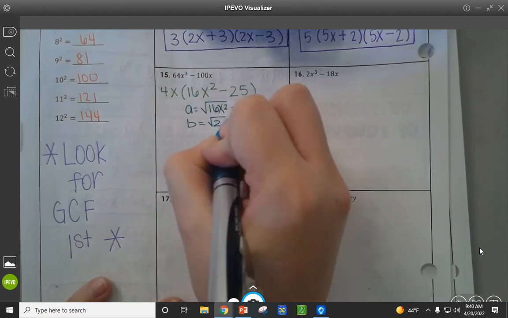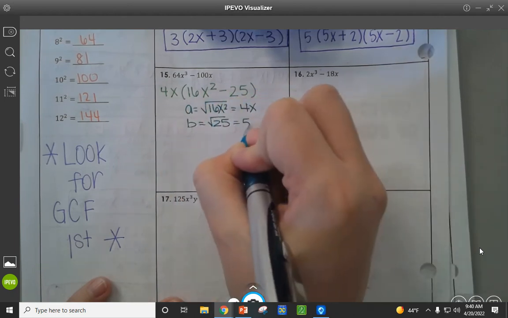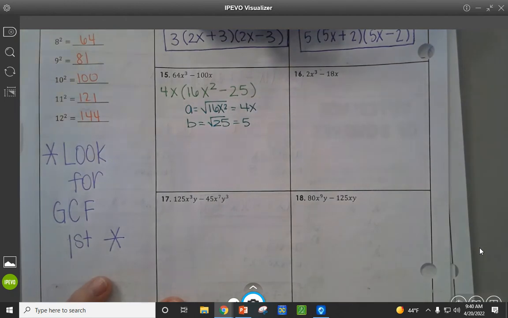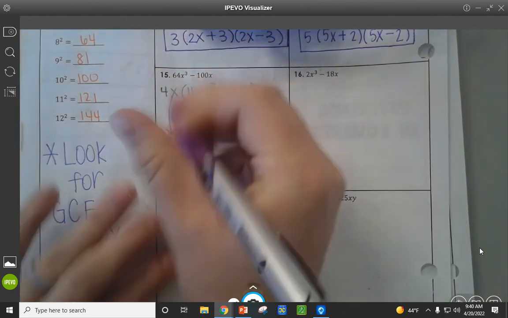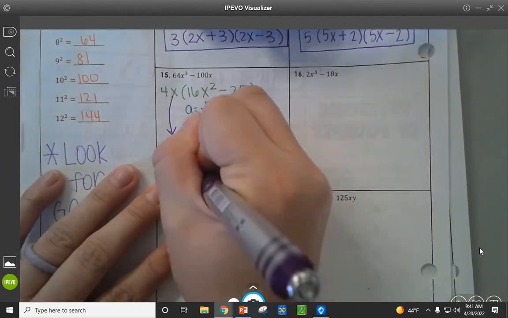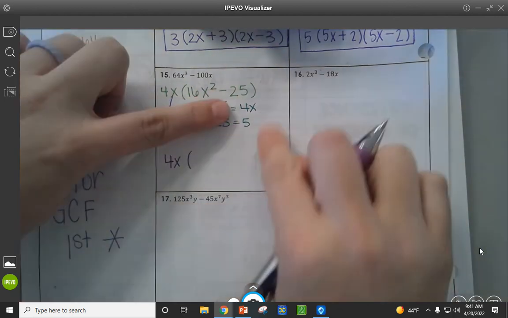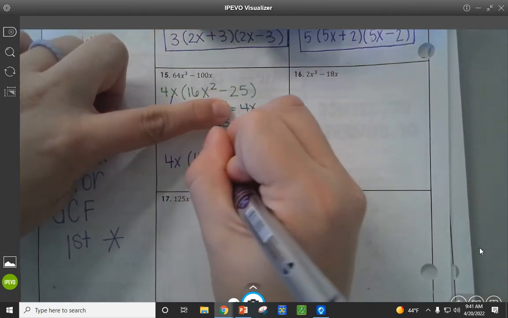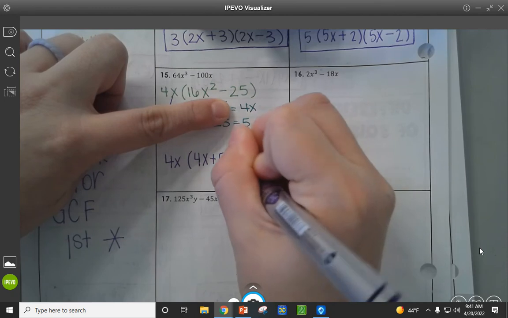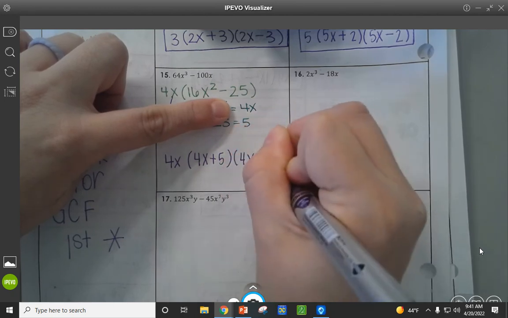B is the square root of 25, which is 5. So then your answer, you've got the 4x from the GCF, and then I do 4x plus 5, 4x minus 5.